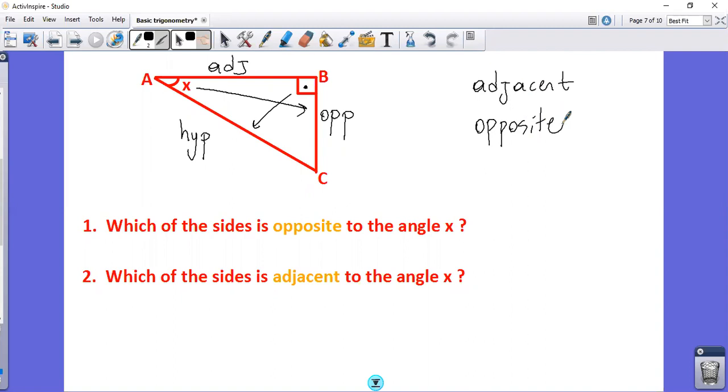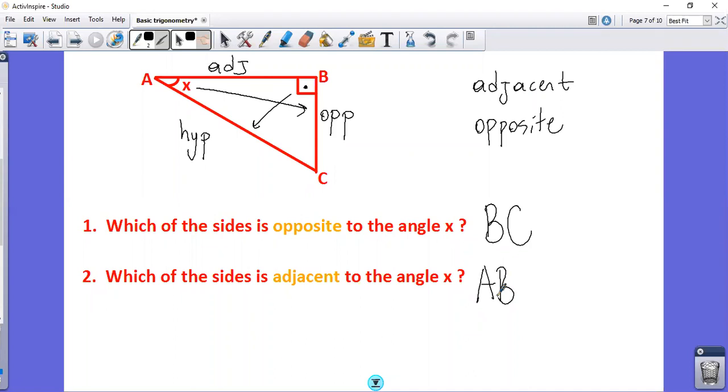So which of the sides is opposite to the angle X? The answer will be BC. Which of the sides is adjacent to the angle X? The answer will be AB.